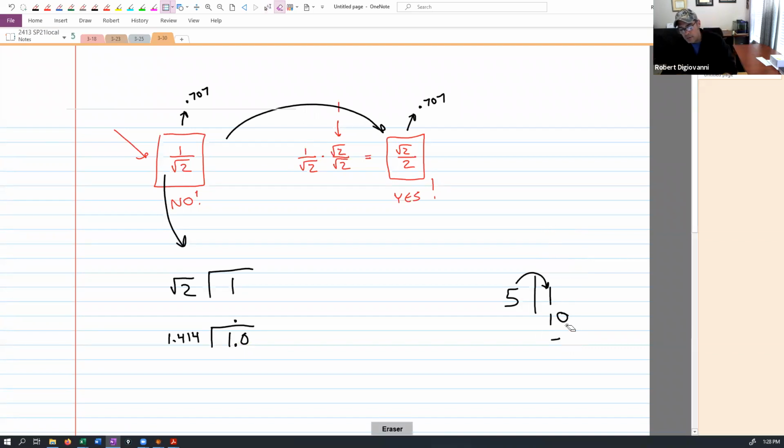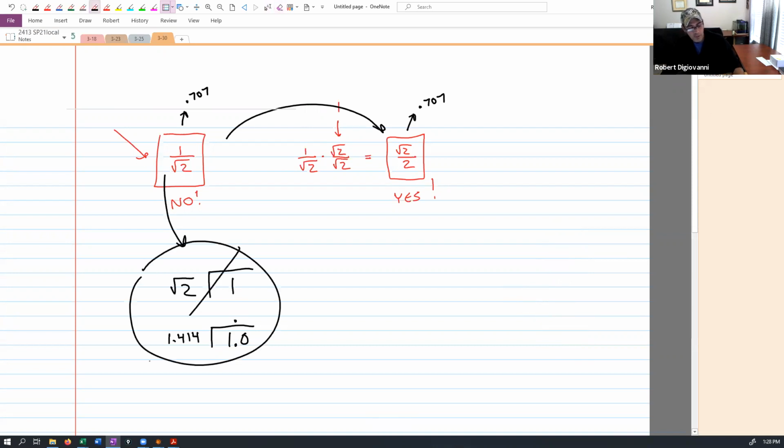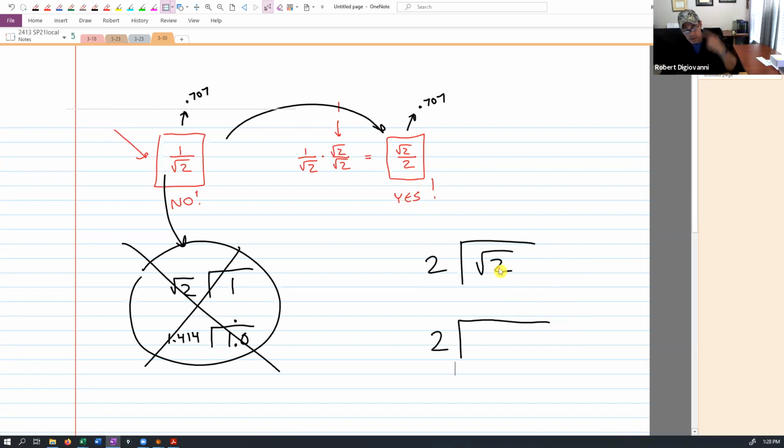Okay, so look, what if instead of doing this problem, you did this thing first? So what would happen if we do this? Well, now here's our new problem, right? And let's do this using old school division. The root 2 goes inside and the 2 goes on the outside. And now that's 2 going into the square root of 2, you have memorized 1.414.